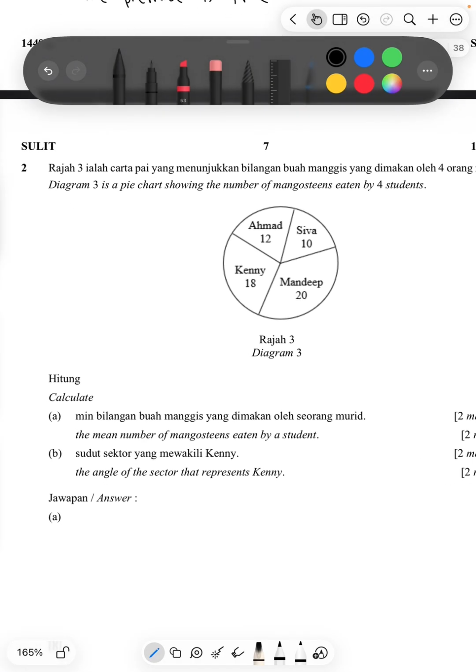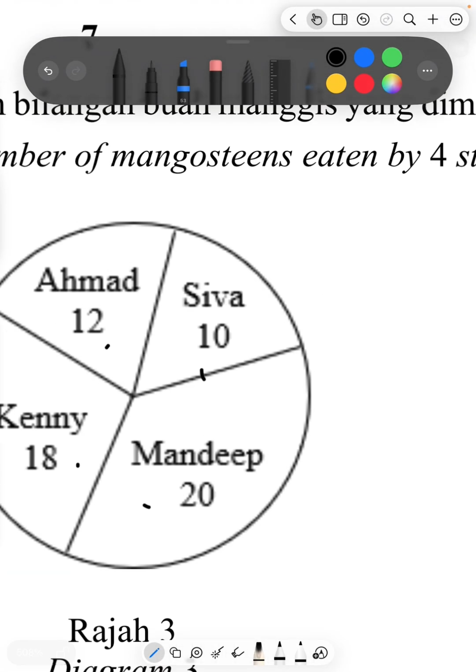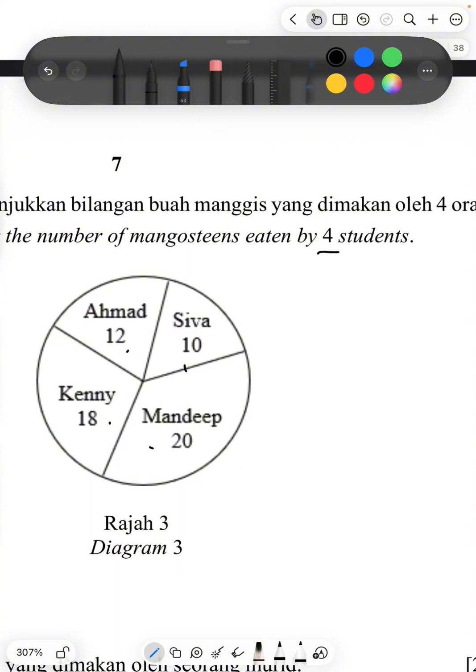Okay, next. Calculate the mean number of mangosteens eaten by a student. So they want the mean. Here we have Ahmad, Siva, Mandeep, and Kenny with 18, and we have the frequency, which is 4.